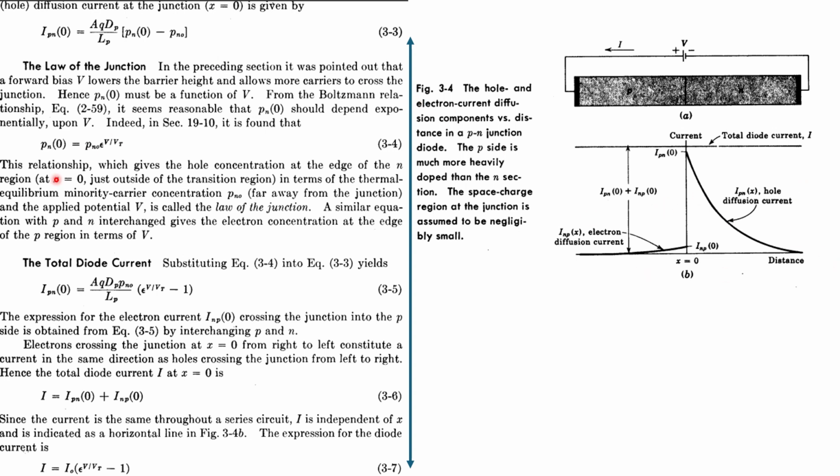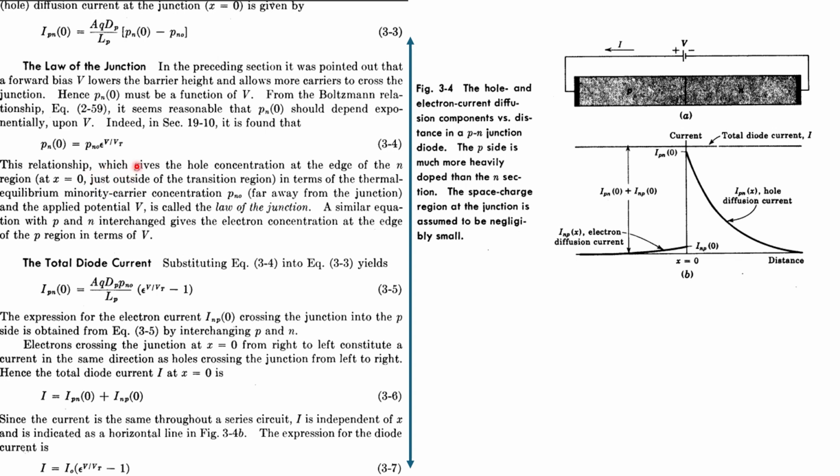Now from the Boltzmann relationship, it seems reasonable that P_n0 should depend exponentially upon V. How will it depend? You can write P_n0 as proportional to the exponential of V by V_T.